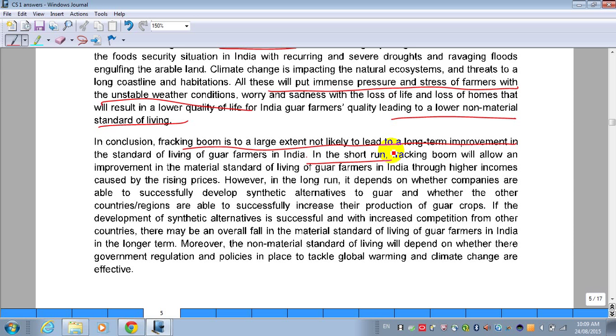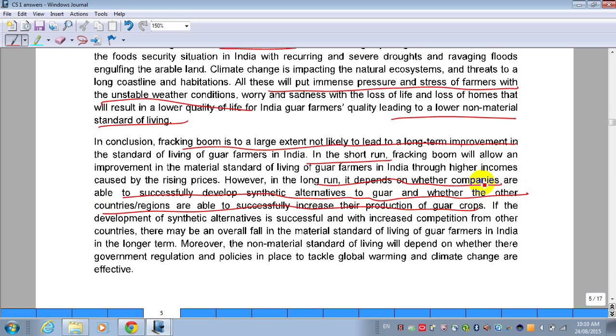Now, next, why will it not lead to a long-term improvement? That's the question, right? Well, because chances are more companies would try to develop synthetic alternatives. More guava farmers will be attracted to supernormal profits, and this will erode the supernormal profits in the long run, right? So it really depends on whether companies are able to successfully develop synthetic alternatives to guava, and whether other regions or other guava farmers will be able to successfully produce guava crops.